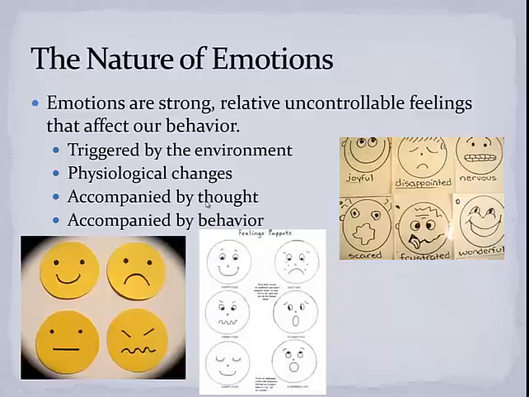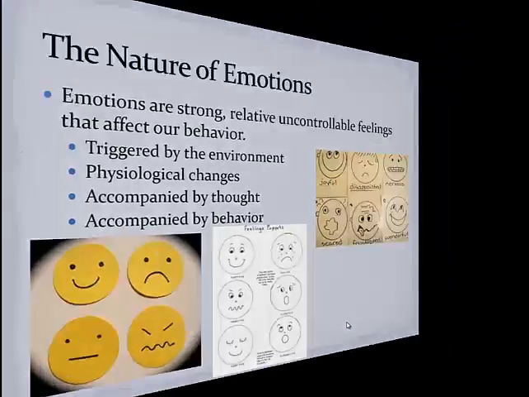And accompanied by thoughts, you might be thinking some bad thoughts about your colleague, like, you're not as smart as I am. And it might be accompanied by behavior. You might slam the door or toss something into the garbage can to get rid of that anger. And so this is the nature of emotion. So these four things are manifest in emotions.